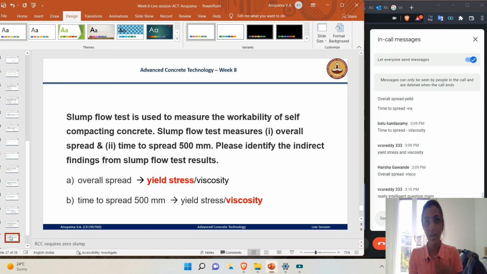If it is highly viscous, it will take more time. If it is less viscous, it will take very little time. So measuring the time factor is an easier way to know about the viscosity. Because we are not getting any understanding of yield stress from measuring the time, the time to spread 500 mm indicates the viscosity. And the overall spread can be used to understand the yield stress. Okay, so that's it.